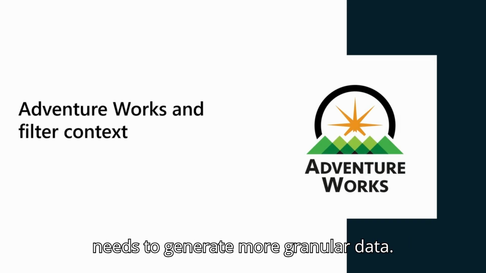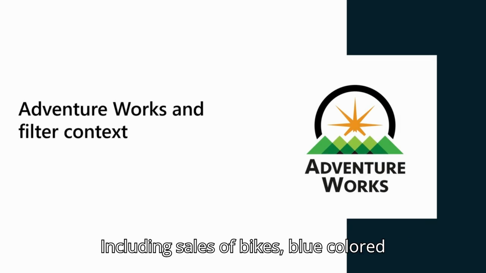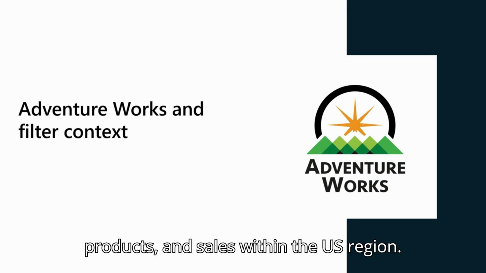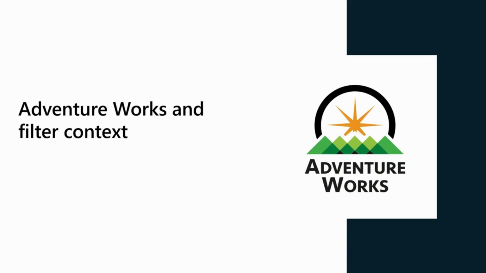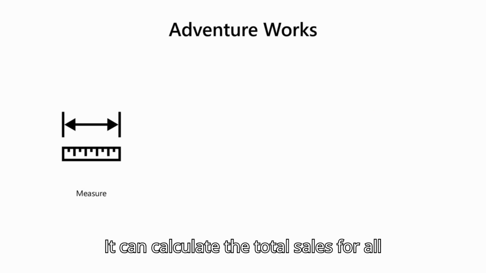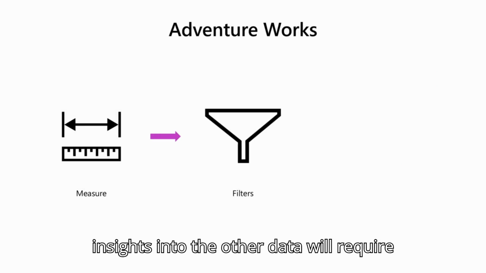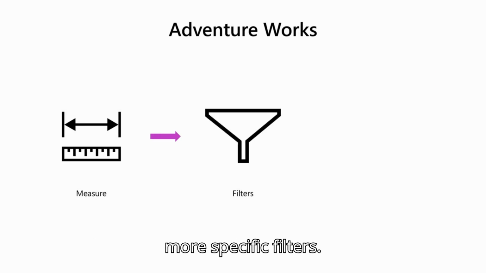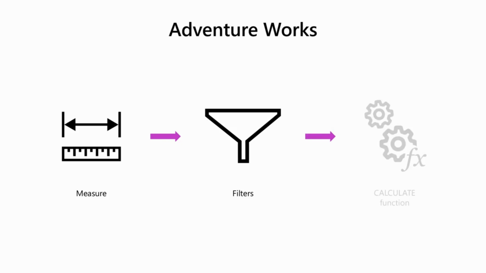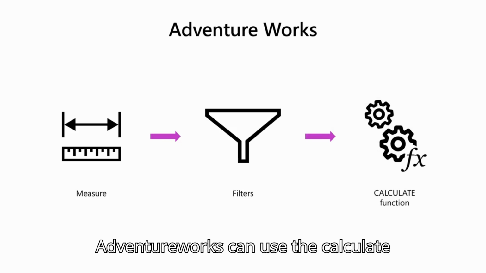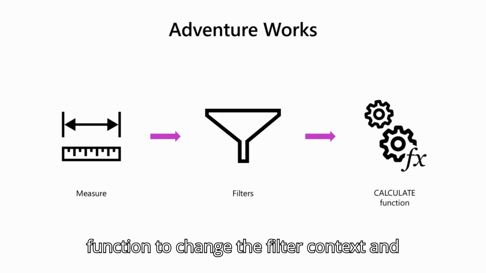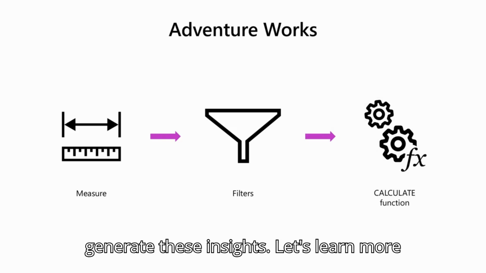It also needs to generate more granular data, including sales of bikes, blue-colored products, and sales within the US region. It can calculate the total sales for all products using a standard measure, but insights into the other data will require more specific filters. AdventureWorks can use the calculate function to change the filter context and generate these insights.